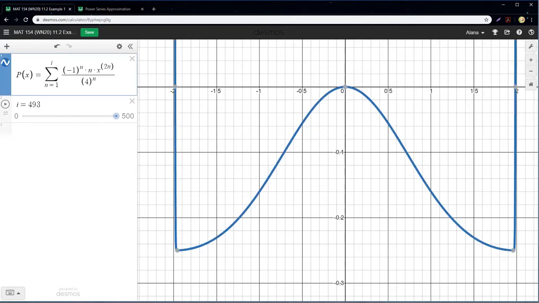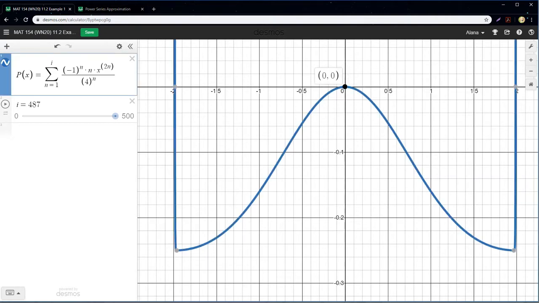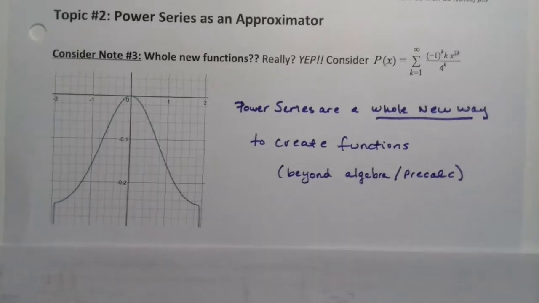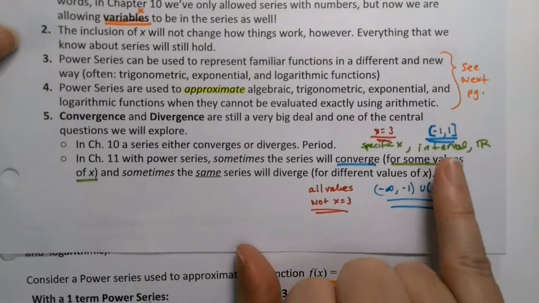And the section that is in the middle is leading to that idea of interval of convergence and radius of convergence and so on. And you can see it appears -2 to 2, not including those values, that we actually have an interval of convergence. And the center of that interval is right there at 0. That's what I mean when I say, back on that previous note, you can have an interval converge sometimes.